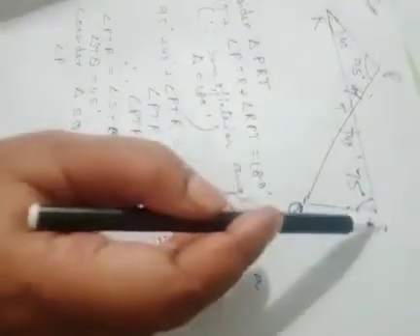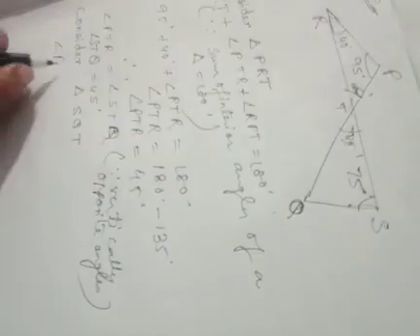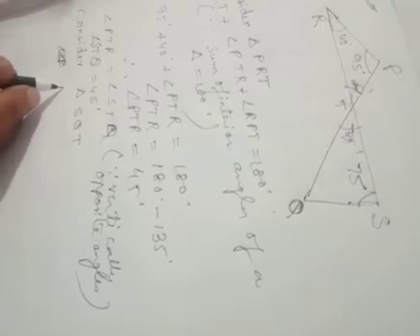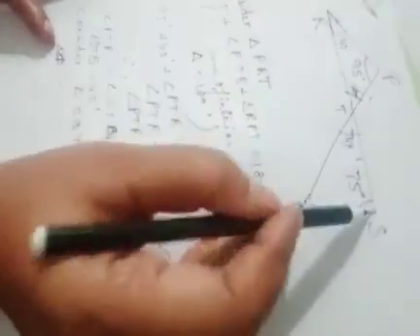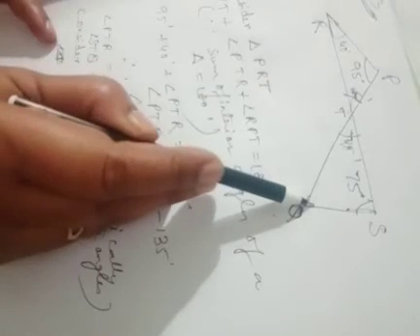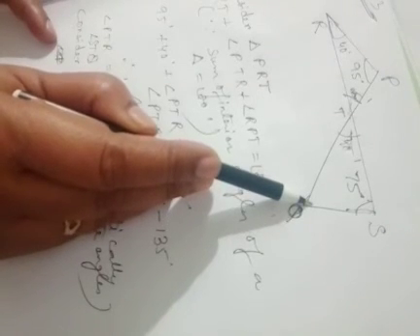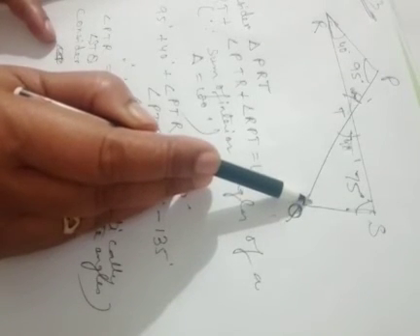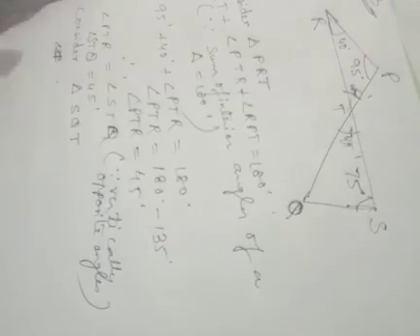Now considering the triangle STQ, you can write down angle S plus angle T plus angle Q should be equal to 180 degrees. According to the property of the triangle, we know that the sum of interior angles of a triangle is equal to 180 degrees.